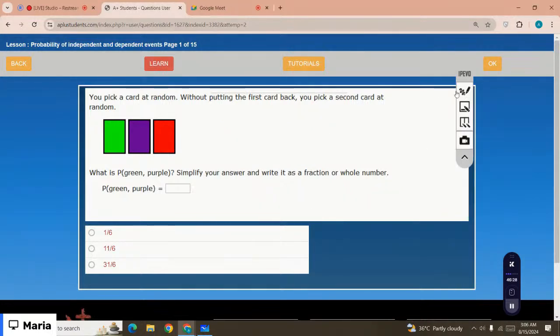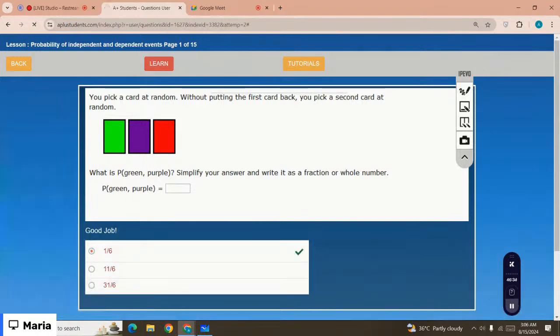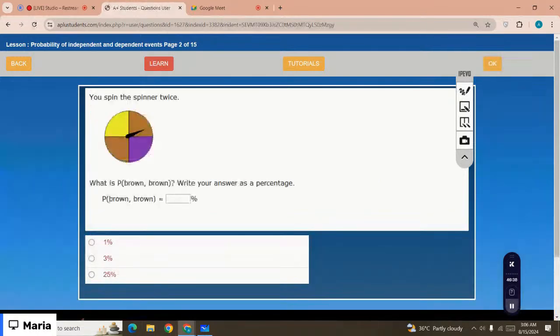Okay, let's just move on to the next example. Spinner spun twice. What is the probability of brown and brown?